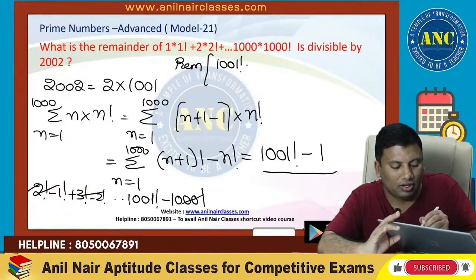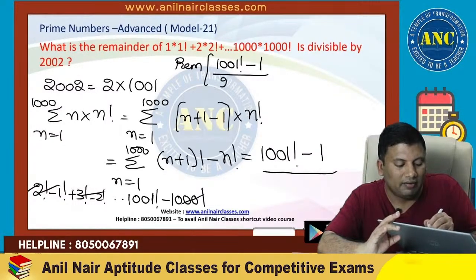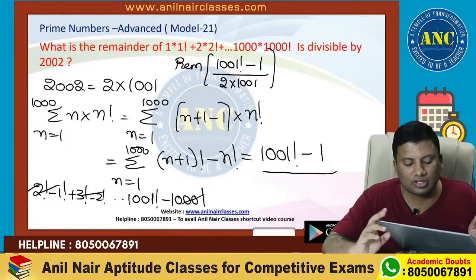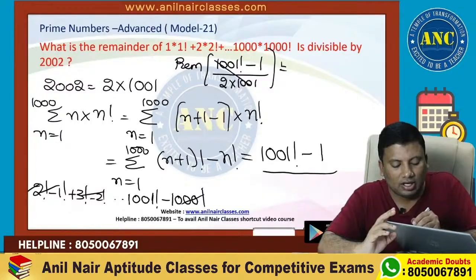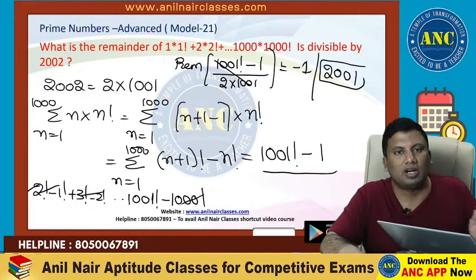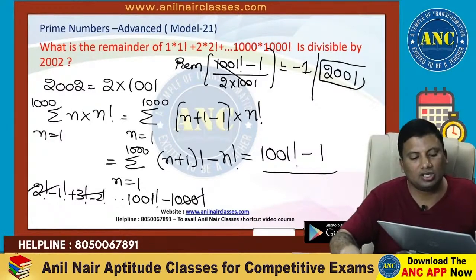So we need the remainder of 1001 factorial minus 1 divided by 2 into 1001. 1001 factorial contains 1001 and 2, so it is divisible. The negative remainder is minus 1, and the positive remainder will be 2002 minus 1, which is 2001. Answer is 2001.